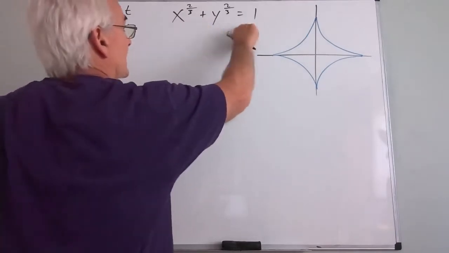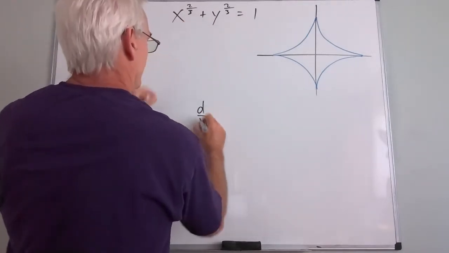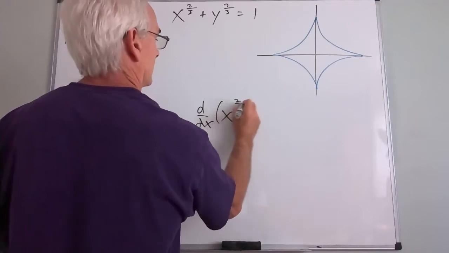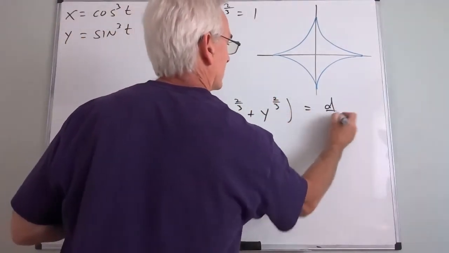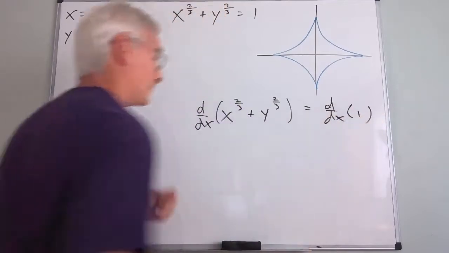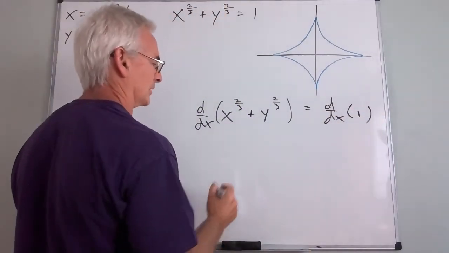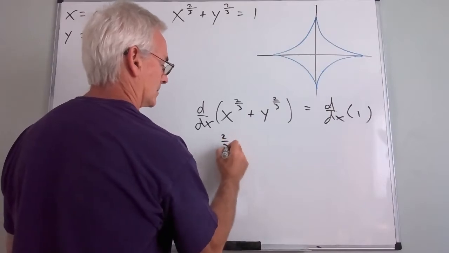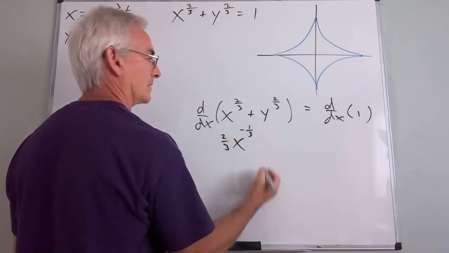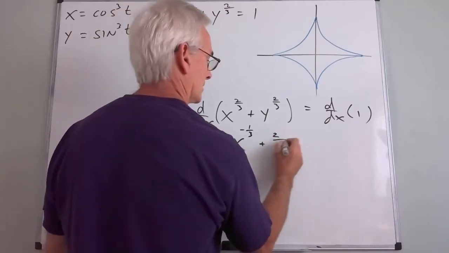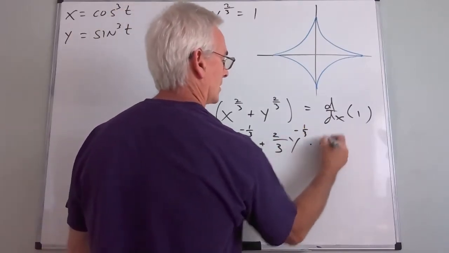I'm going to go d/dx to both sides here. And when I do that, okay, what will I get on the left side? I'm kind of ugly, but what do I get? 2/3 x to the negative 1/3 plus 2/3 y to the negative 1/3 dy/dx.